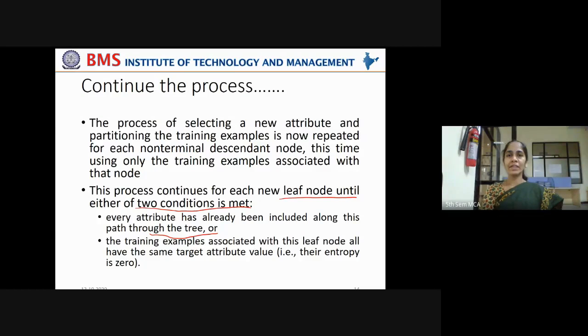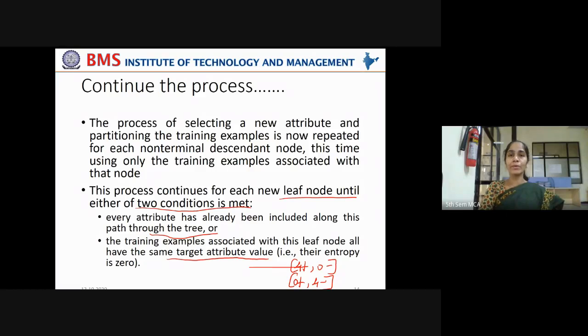Along the path in the tree, meaning its ancestors should have covered all the attributes, or the training examples associated with this leaf node all have the same target attribute value, meaning say 4 values are there, all should be positive and no negative label should be there, or all should be negative and no positive label should be there, meaning it indicates pure classification.